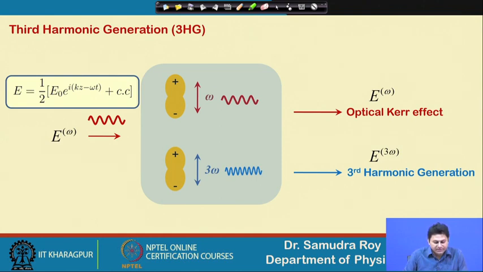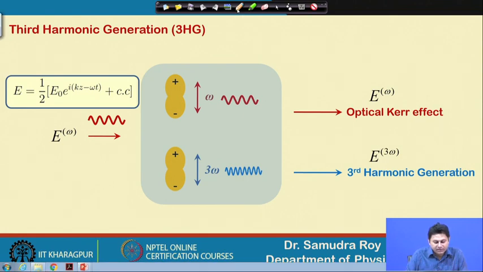Well, in third harmonic generation, as the figure shows, this is the old figure I am using several times, when you launch an electric field with this particular form, this electric field will enter into the system, and we know that for the chi3 effect, P nonlinear is equal to epsilon 0 chi 3 E cube.